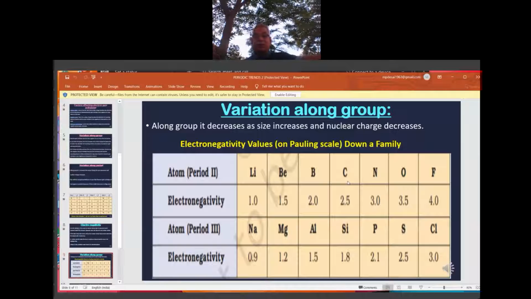Okay, right. And values are given. So 1.0, all the values are measured in terms of what? On the Pauling scale. So Pauling is a famous scientist who has done research work on electronegativity. His main research paper was on electronegativity. Linus Pauling from America, a brilliant scientist.